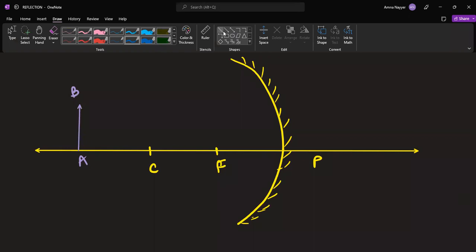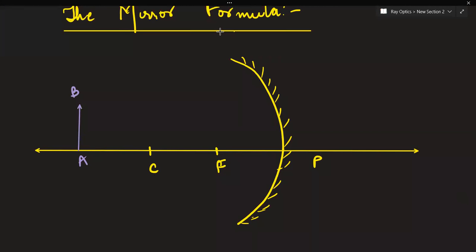Now the rays will pass first. It will go parallel to the principal axis. Let's say this point is some M, because these points will now be needed. It's not a simple ray diagram.